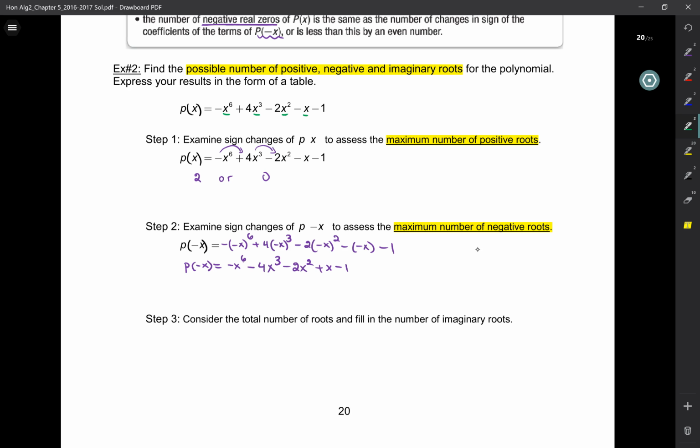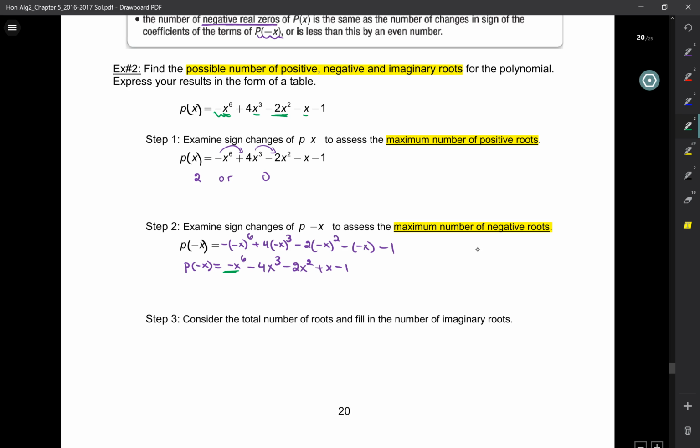It becomes positive, it goes away. If you take a negative x and you raise it to an exponent that's odd, what happens? It stays negative. So look at the first term. You have negative x to the 6, right? It's got an even exponent, and the result remains unchanged. Negative x to the 6, negative x to the 6.